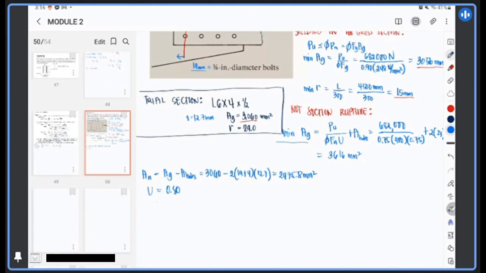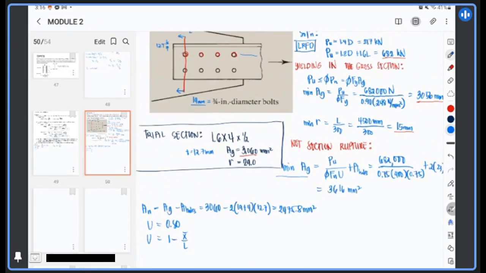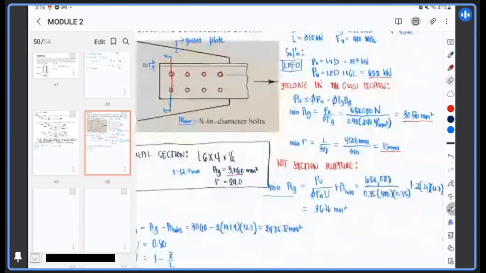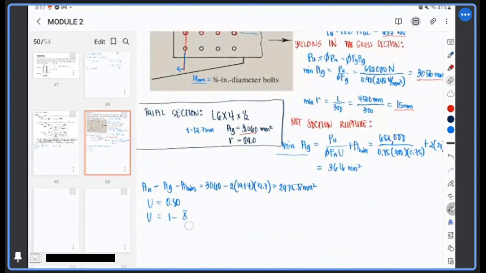Or 1 less X bar over L. Okay, but hindi given sa problem natin yung L na ito, the distance from end to end of our connection. So we cannot consider case 2. Since 2 lang yung given. So disregard natin yan. We take U to be 0.8.